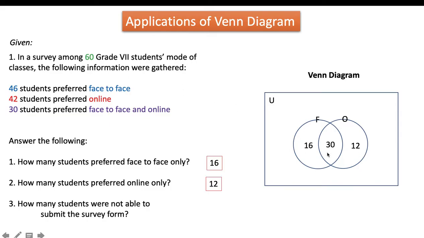So 60 minus 58, we still have 2 who did not submit their survey form. Since we do not know their preferences, whether face-to-face or online, they will not be written inside the two sets, but outside them, within the universal set. And this answers our question number 3. So our answer here is 2.